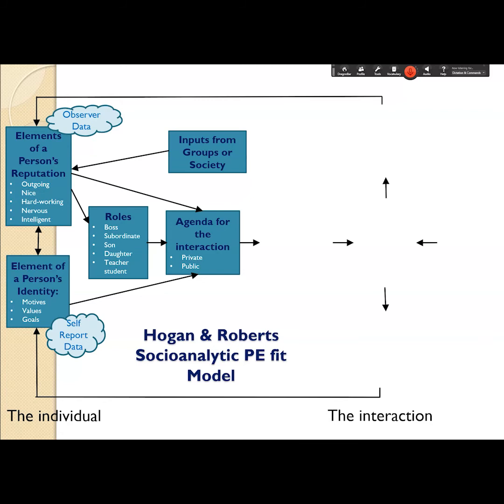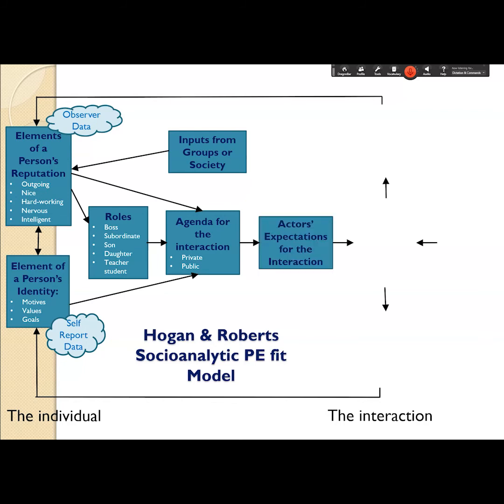The private agenda is usually what a person is wanting without expressing that desire publicly. A public agenda is something that is just, as it says, public, open, something that's out in the open. What do you want based on this interaction?